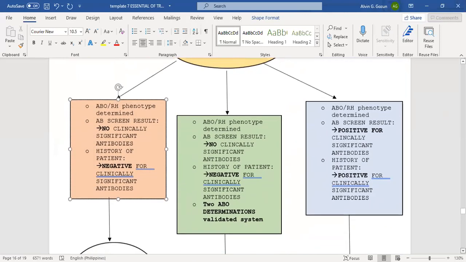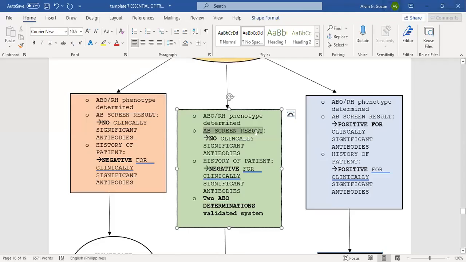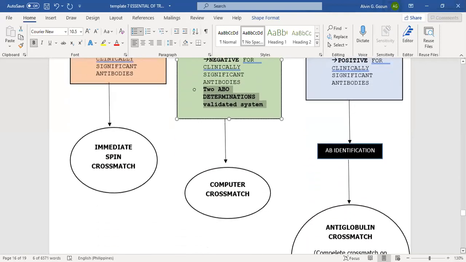Okay, next. Paano naman dito? Okay, ABO and RH phenotype determined. Next, antibody screen result. No clinically significant antibodies. History of patient, negative daw for clinically significant antibodies. But there are 2 ABO determinations validated system. Anong cross-match ang gagawin? Sinabi ko yan kanina.